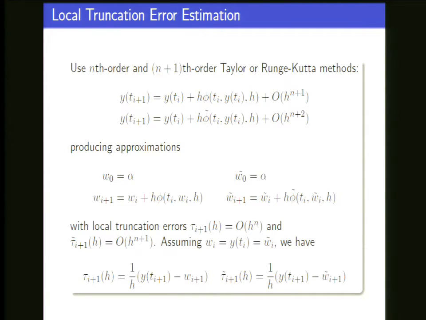That's the true solution. But your method does not know how to do that, so it's going to produce a w_{i+1} that is wrong. If you remember the definition of the local truncation error tau, it's really this error, although there was a factor of h. So you could say that this is h times tau. And the tau is always different, so we put an index on tau as well. But the local truncation error is really the error you make in one step.